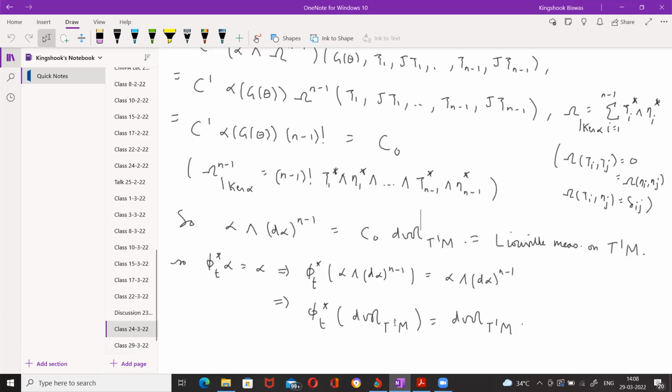For each point P, you have over it the unit tangent sphere TP1M, which topologically is a sphere. Locally, the unit tangent bundle is a product of an open set in M with the sphere S^(n-1). So it's a fiber bundle where the fibers are spheres.